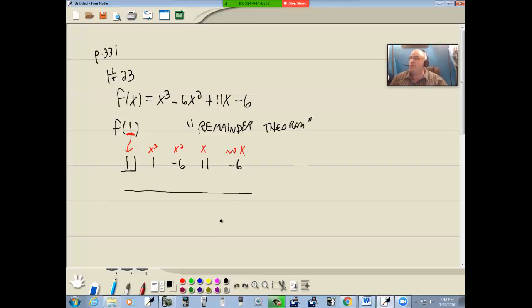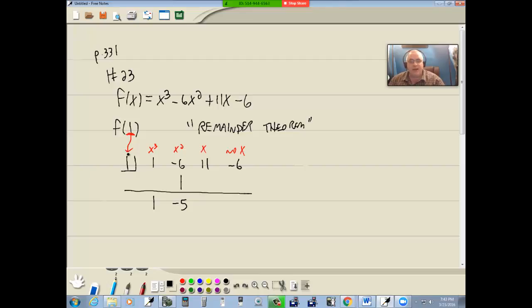Now we want to go through and do a bunch of adding and multiplying over and over until we're done. So we'll add first. 1 plus nothing is 1, or you could just bring it straight down. And now we're going to multiply. You always multiply the number in the box by the number you put down here. 1 times 1 is 1. Then we add. Negative 6 plus 1 is negative 5.